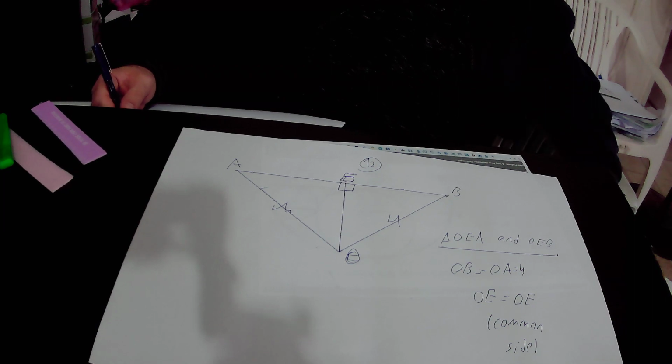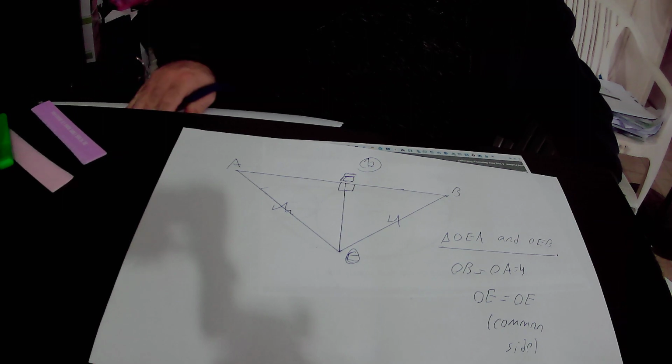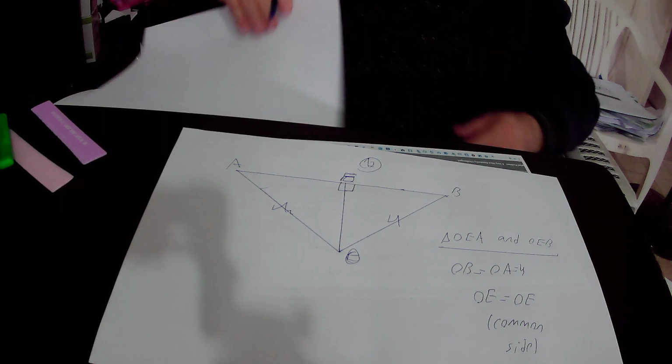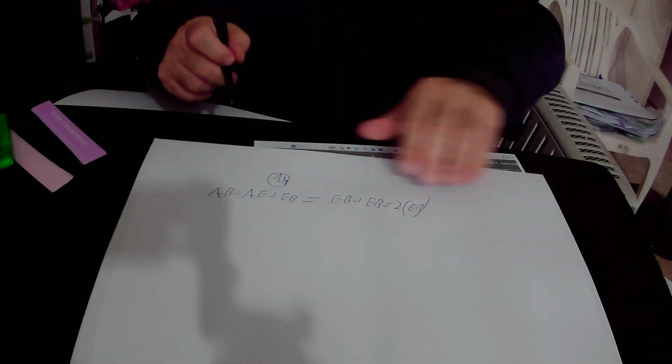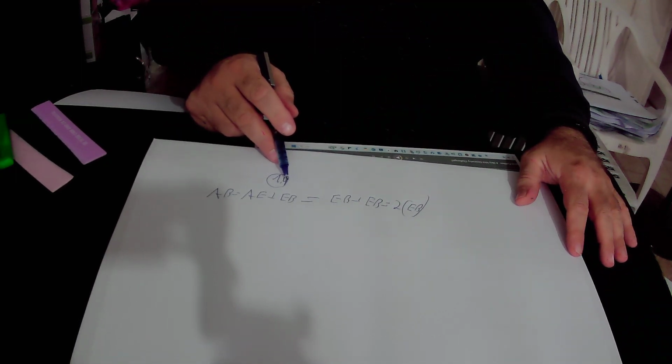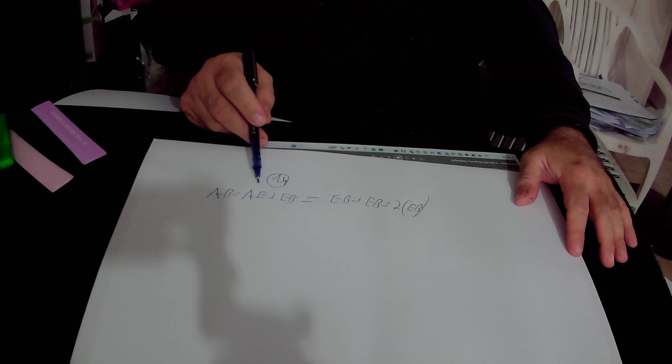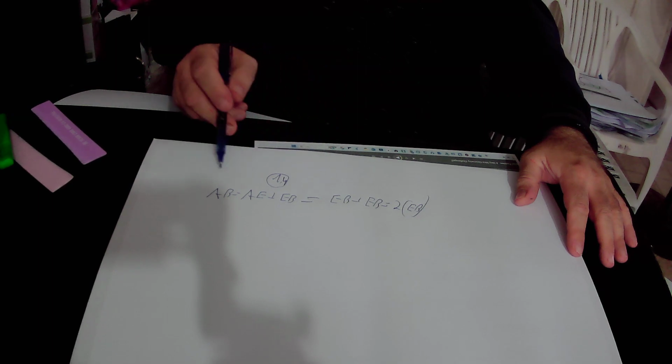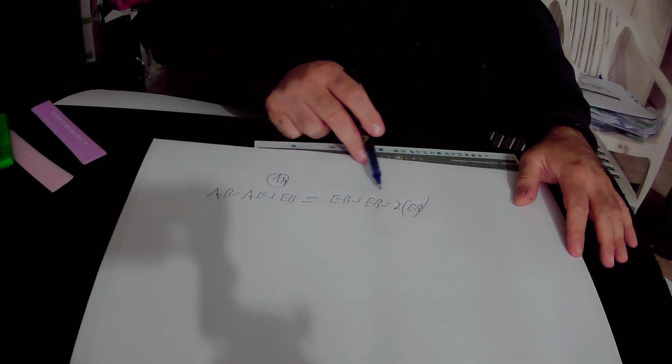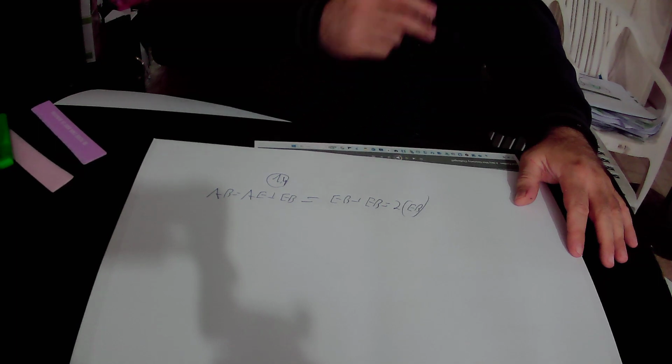So AB equals AE plus EB, that is to say it equals EB plus EB. It is to say it equals 2 times EB. So I'll repeat again. AB equals AE plus EB. But we know that AE equals EB, so we can substitute AE by EB. In total we will get that AB equals EB plus EB, that is to say 2 times EB.